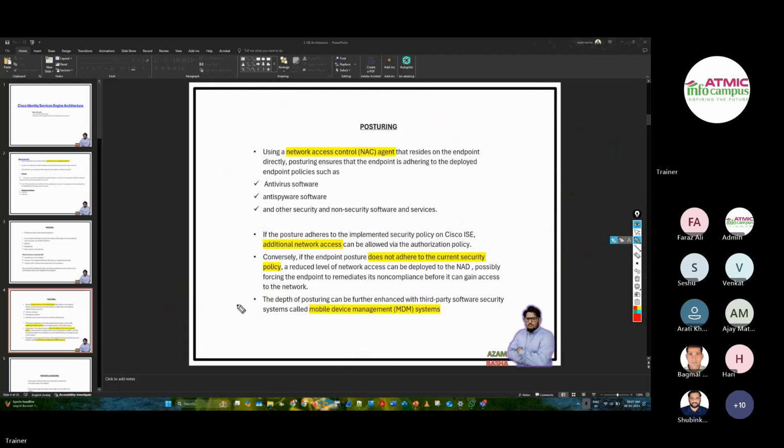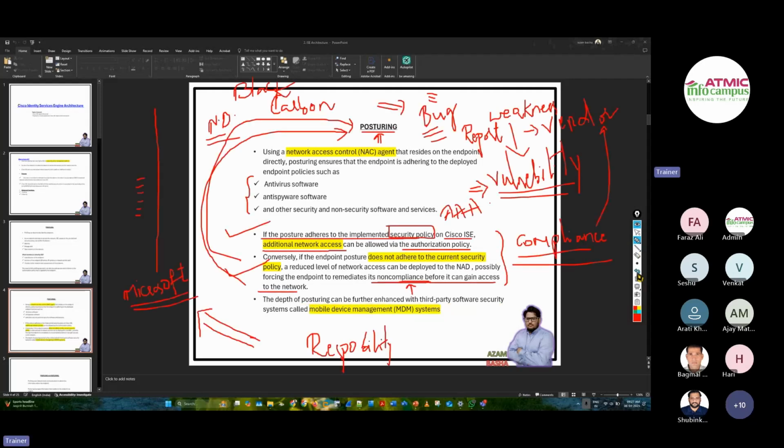Okay, next point. The depth of posturing can be further enhanced with third-party security systems called mobile device management systems. This is where I was leading to in the previous point.